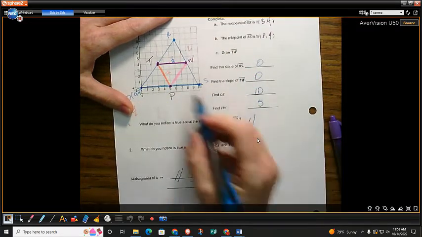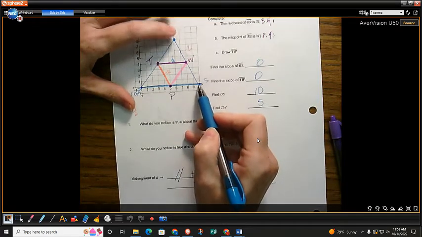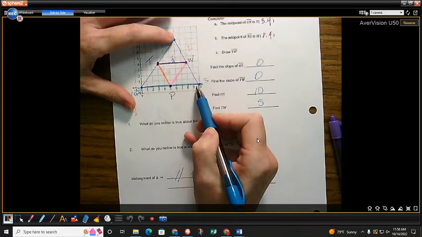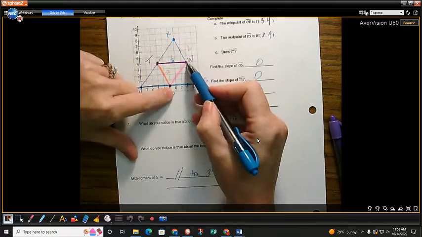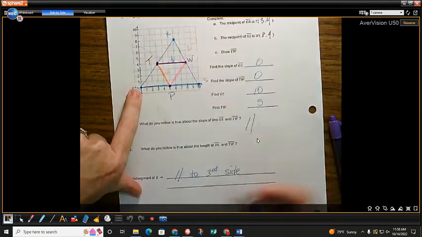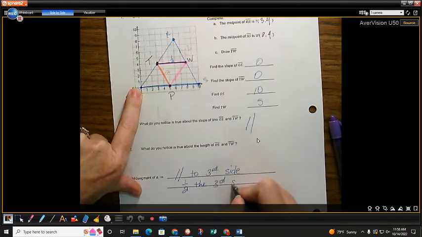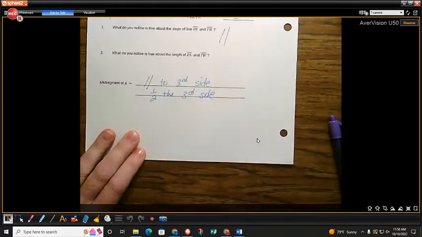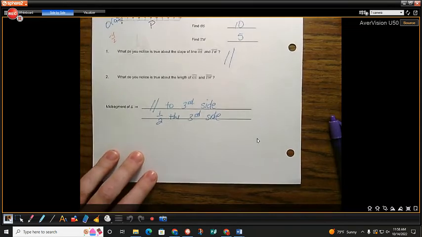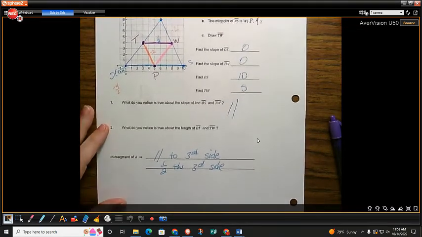Guess how long TP is? Half of RS. Guess how long PW is? Half of OR. So it's half the third side.